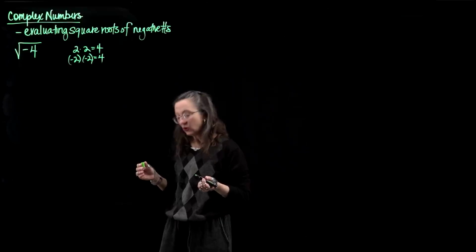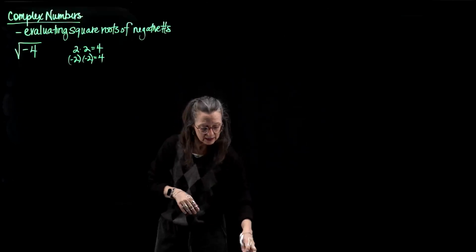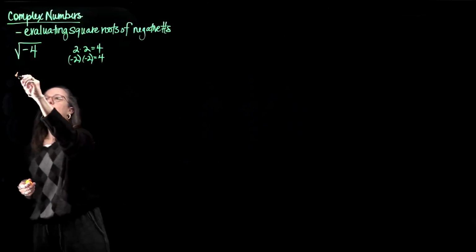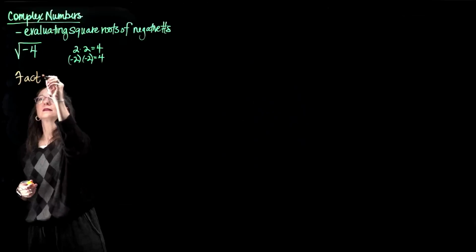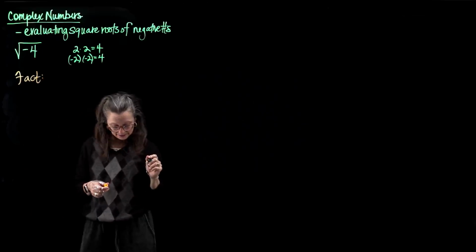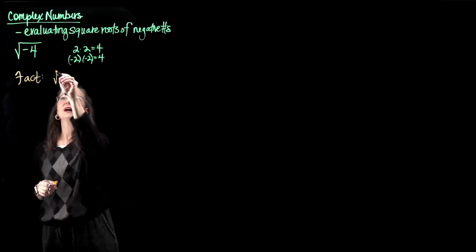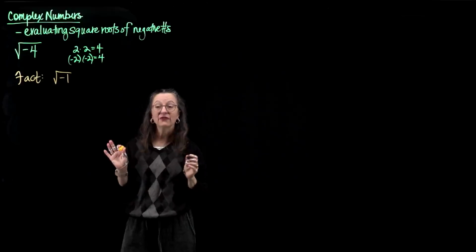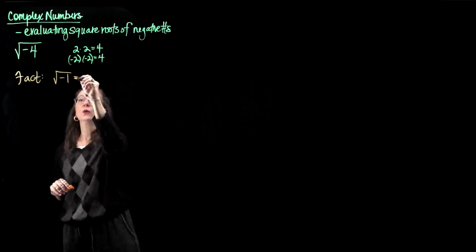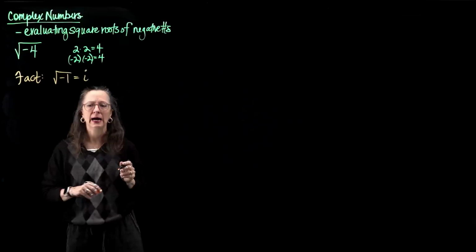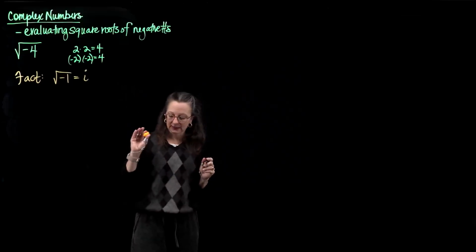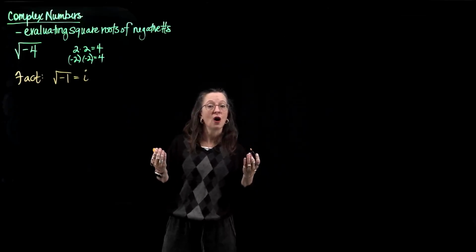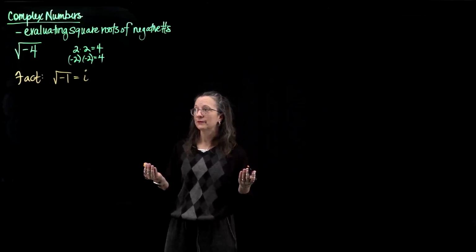All right, so I'm going to give you a fact, and it's going to look a little bit strange. I'm going to ask you to stay with me here and just accept this as a fact. If I want to find the square root of -1, we define this as the lowercase letter i. And this allows us to work with what's called complex numbers.